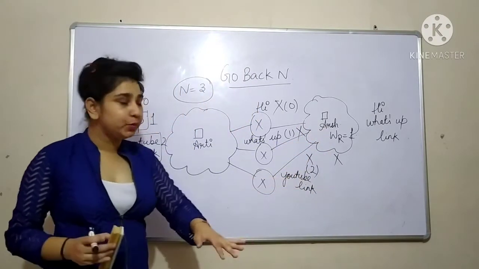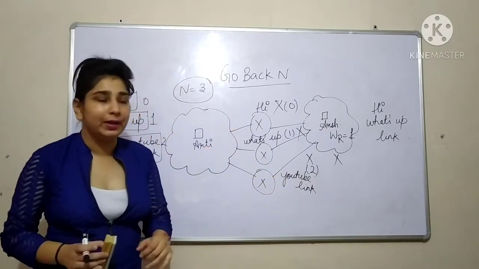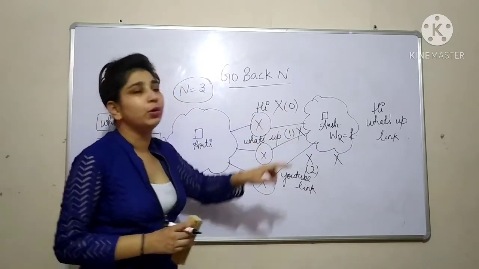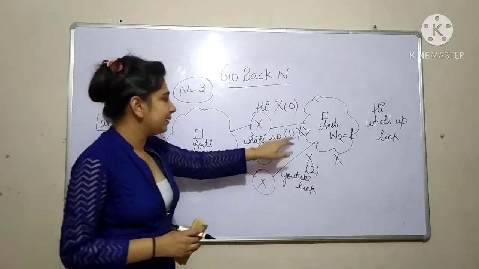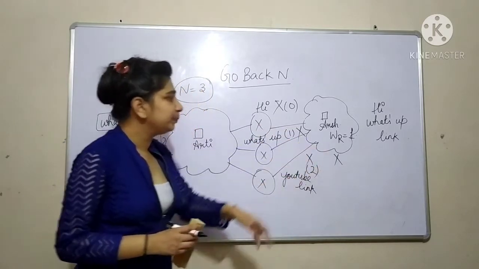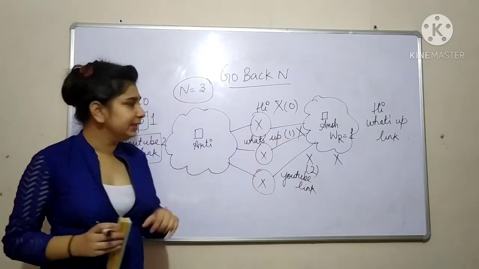The receiver will refuse packet number 1 and packet number 2. It will say, I need packet number 0. Firstly give me packet number 0, then I will accept packet number 1 and 2. So the receiver is going to discard packet number 1 and 2.